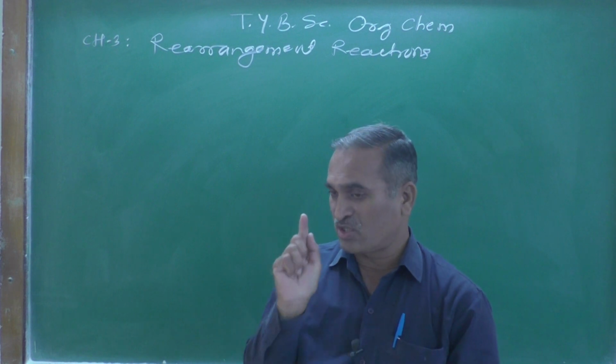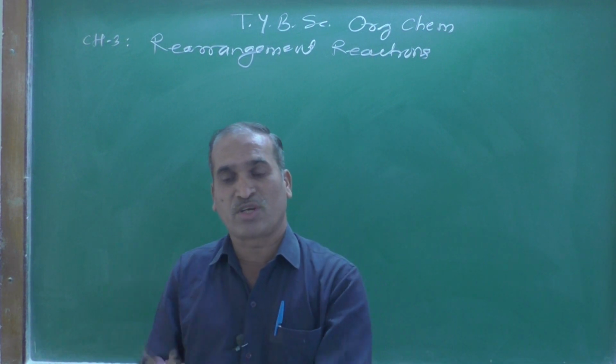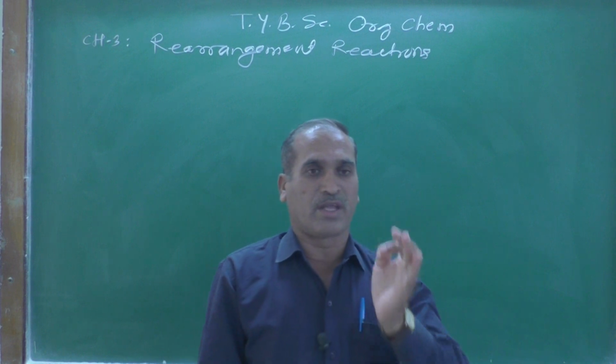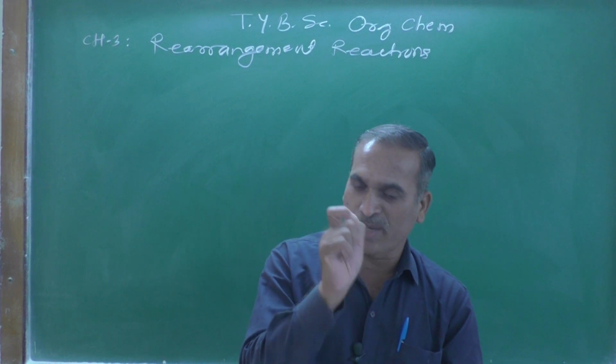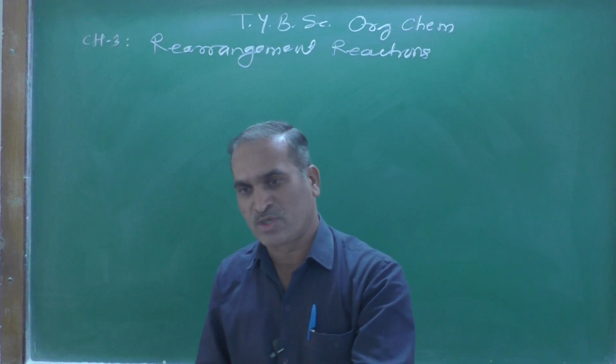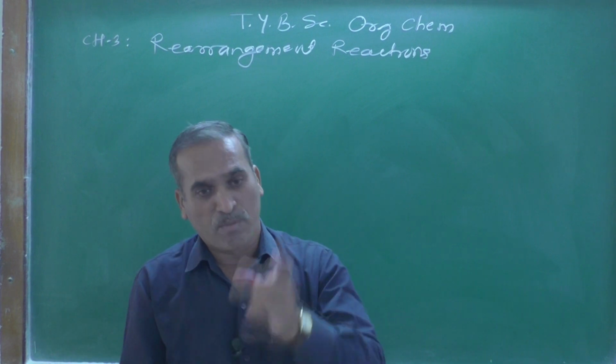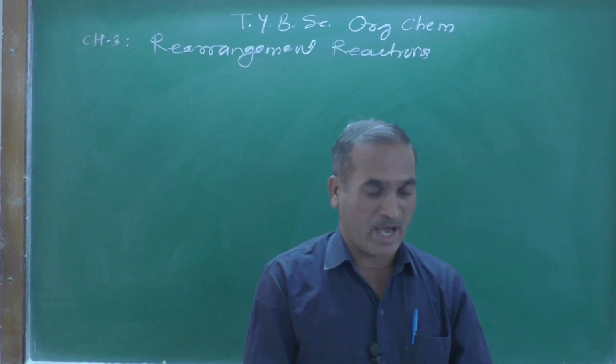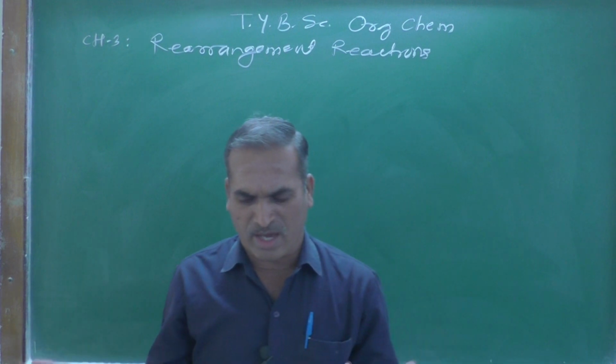Just now I told you the definition of the rearrangement reaction: a reaction in which the carbon skeleton or the functional group or both are modified is known as rearrangement reaction.